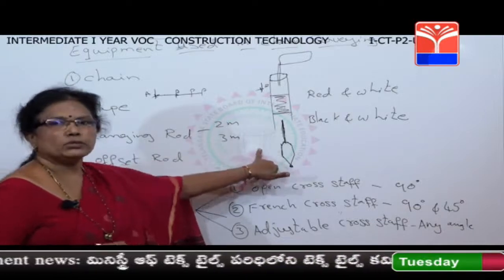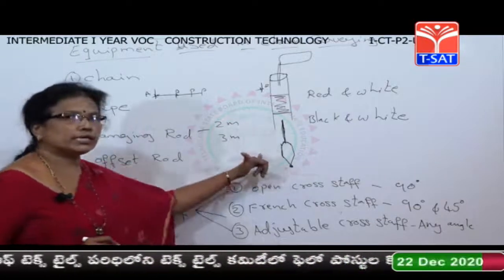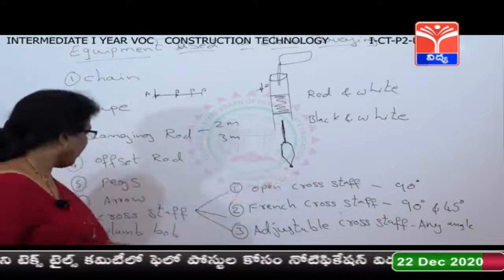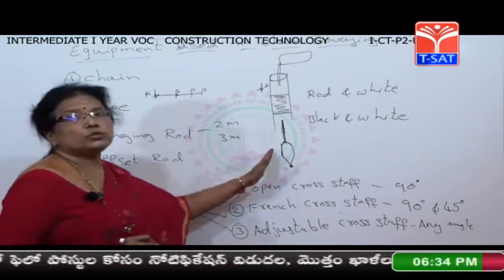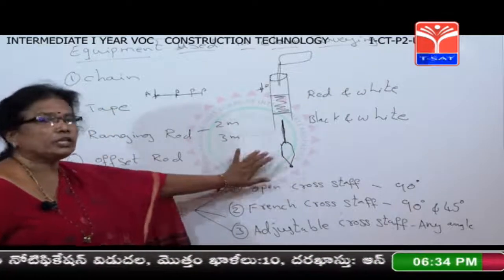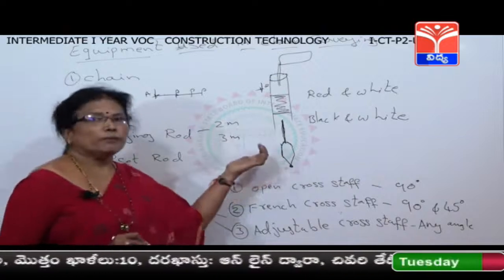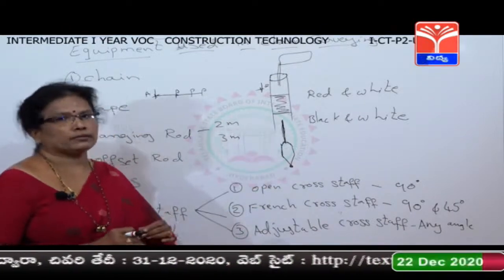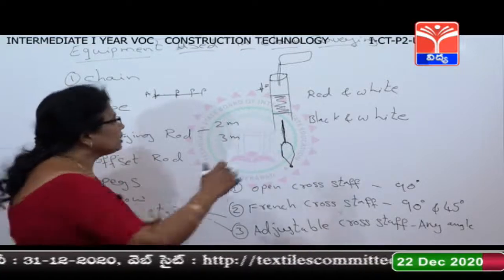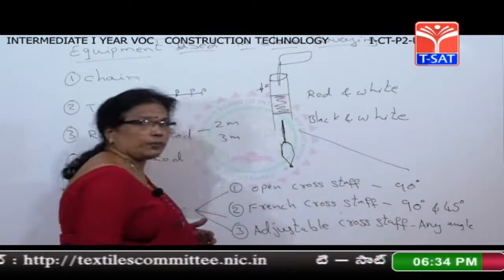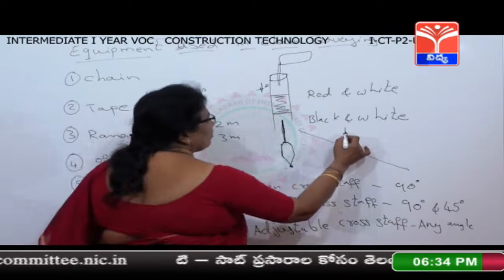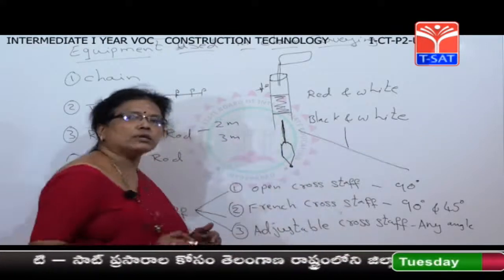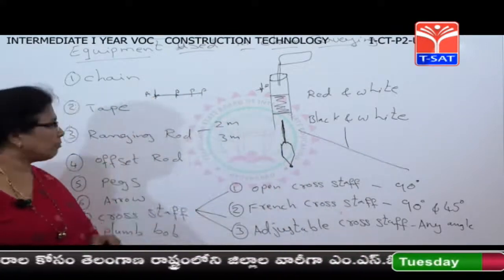Plumb bob is used to check the verticality, and it is used here in chain surveying to measure the distances in sloped areas. Suppose we are measuring the distances in sloped areas, at that time we are going to use this plumb bob. That is the use of plumb bob.